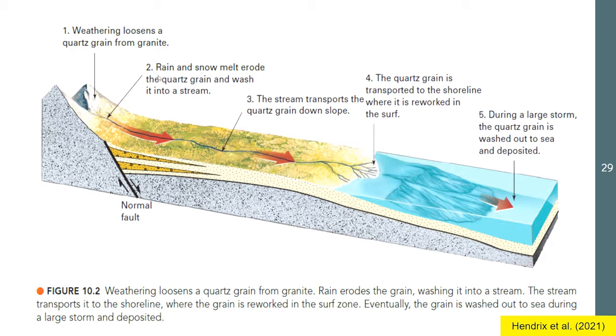Then eventually rain or snow will erode and wash the quartz grain downwards. The rivers or streams transport the quartz grain down the slope, then eventually it's deposited or washed out into the sea. So this is how weathering, erosion, and deposition happen in nature.